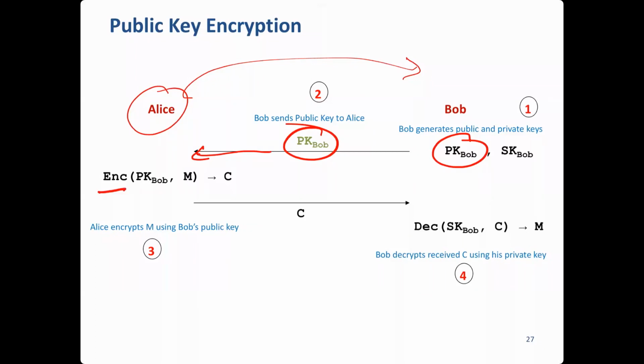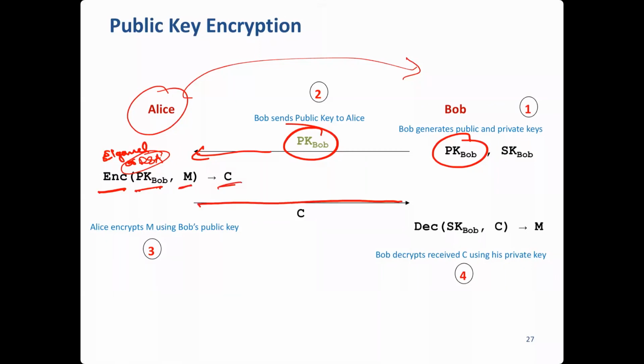It is not symmetric key encryption. It is, for example, one of the asymmetric key encryptions. Here we are assuming that it is ElGamal or RSA. Okay, and she uses, for example, RSA, and she uses Bob's public key to encrypt message M and get the ciphertext.